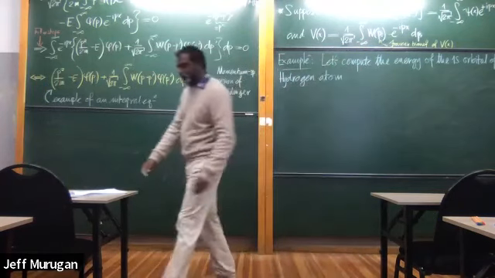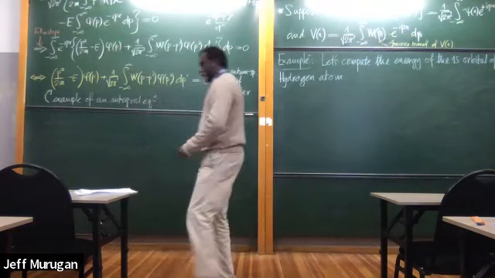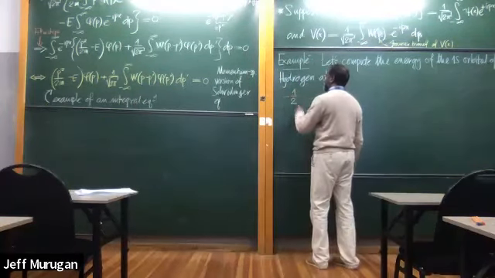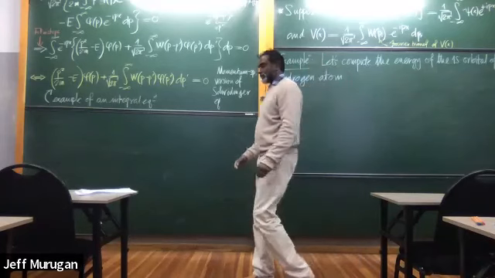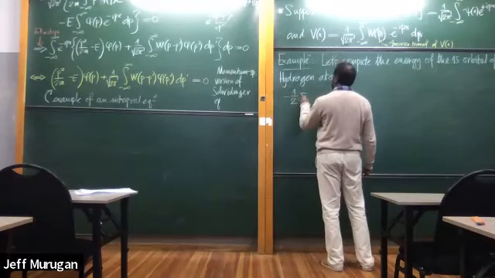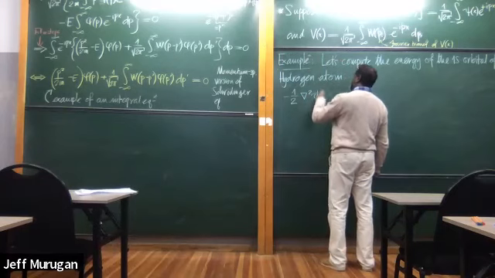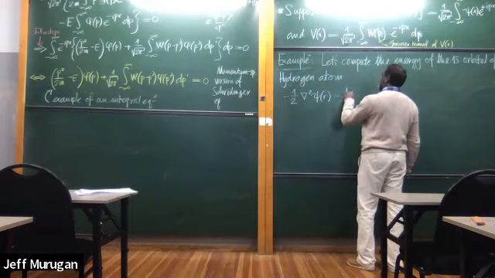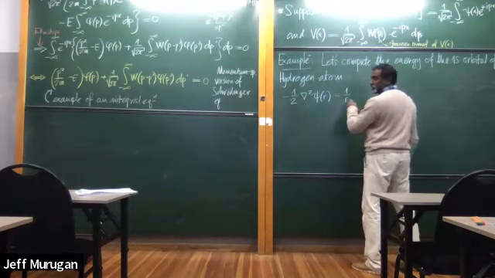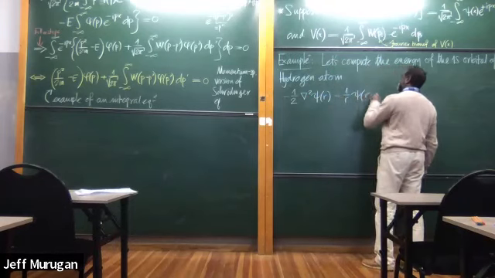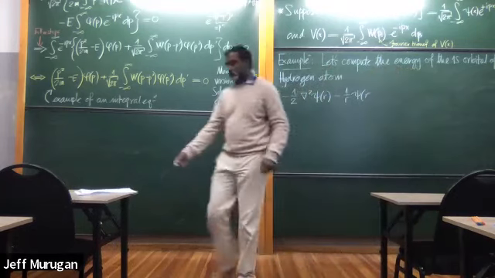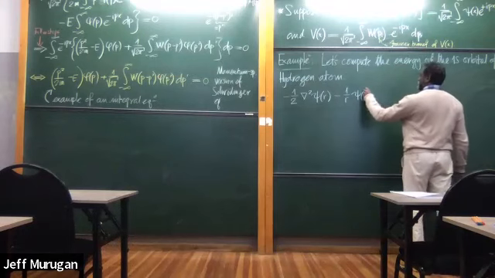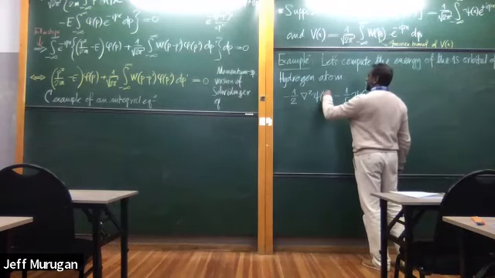So the time-independent Schrodinger equation for this problem, in units where the mass is set equal to 1, is minus one half del squared psi of r minus 1 over r psi of r equals E psi of r. This is a three-dimensional problem.